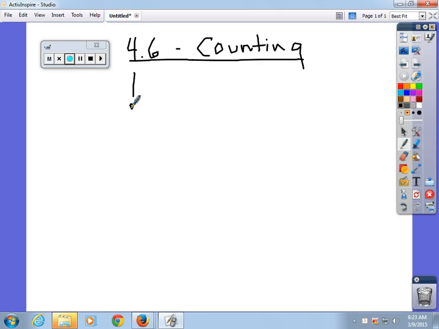In mathematics, it's called... I just forgot what it was called. Factorial. Factorial. It's on the calculator under probability, under math and probability.